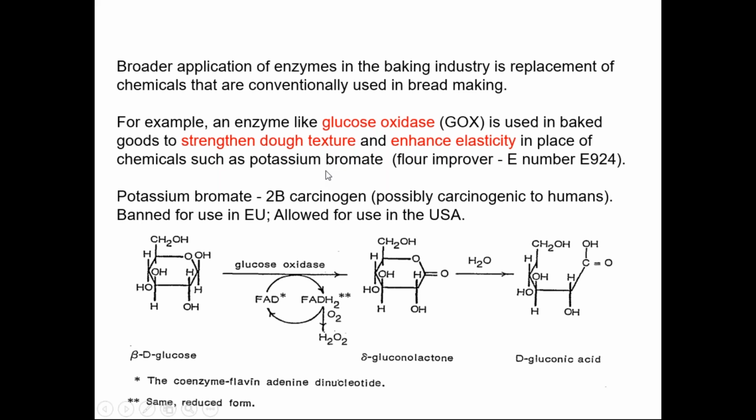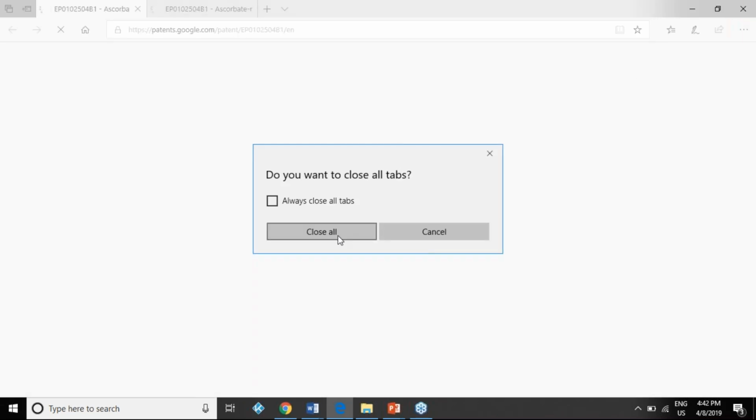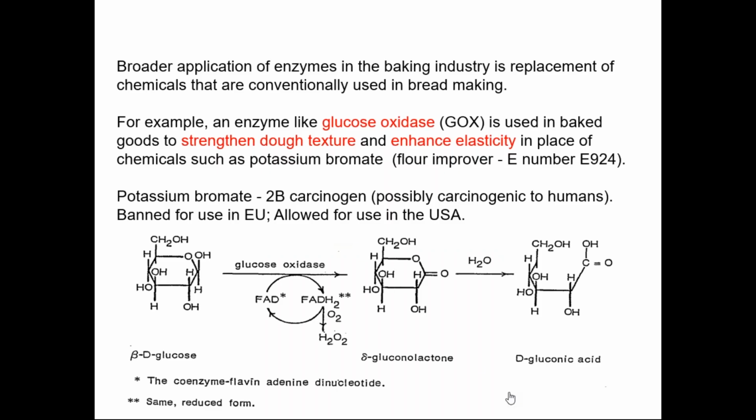But since it is banned now, you have to find an alternative, and the alternative that has been found is glucose oxidase, and it forms gluconolactone and gluconic acid, and glucose oxidase can actually bring about the same properties as that of potassium bromate.